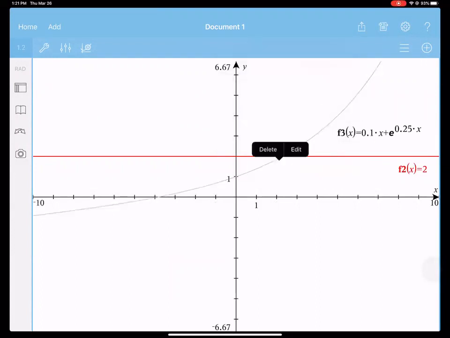So this point here, on your graphing calculators, since this is a graphing calculator problem, you graph y equal to 2, and then y equal to 0.1x plus e to the 0.25x, and then you find out where they intersect.